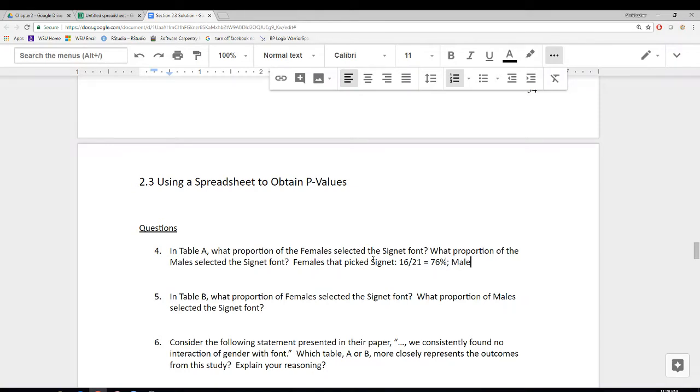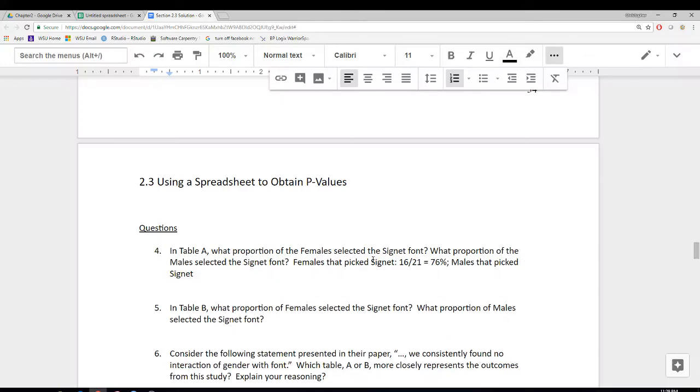How about males that picked the Signet font? There I had 14 divided by 19, and I'm getting about 74%. That's 74% for males, excuse me.